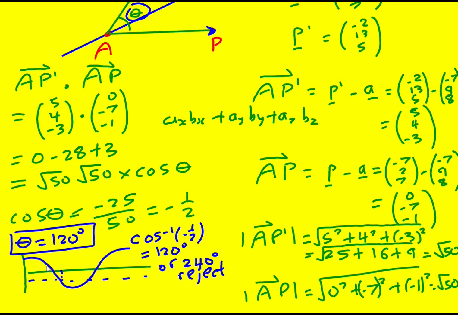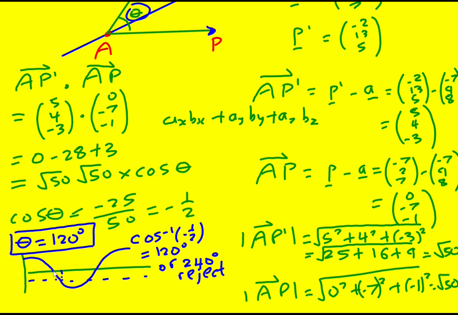We can use the symmetry of the cos curve. Cos of 60 is equal to a half.